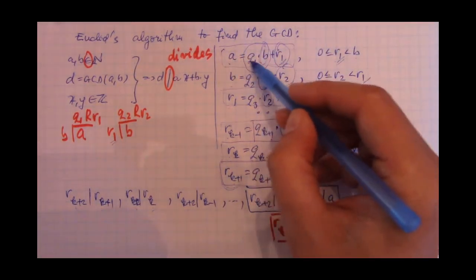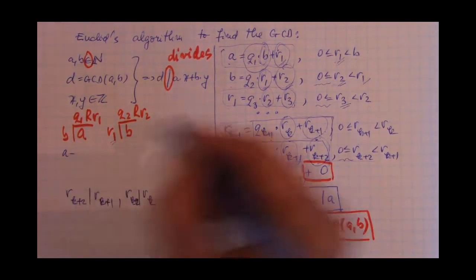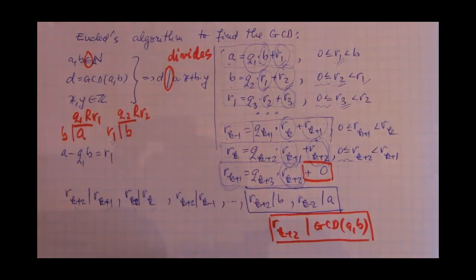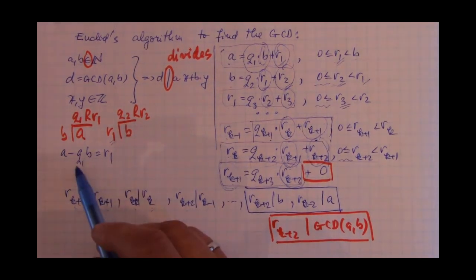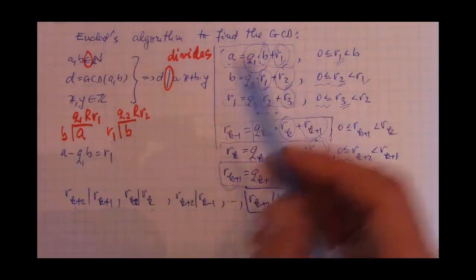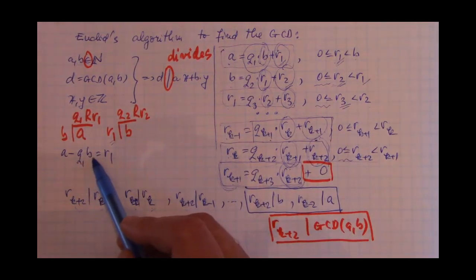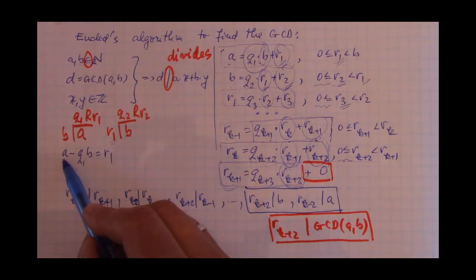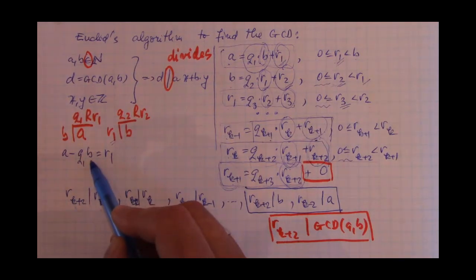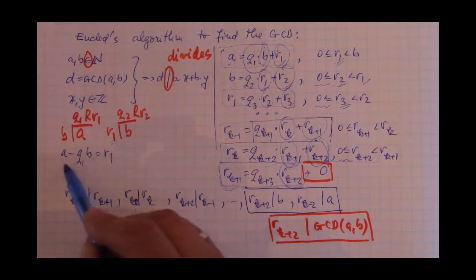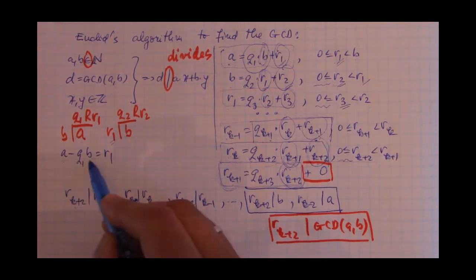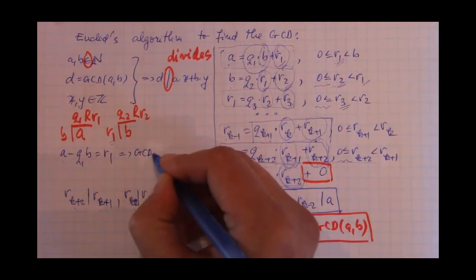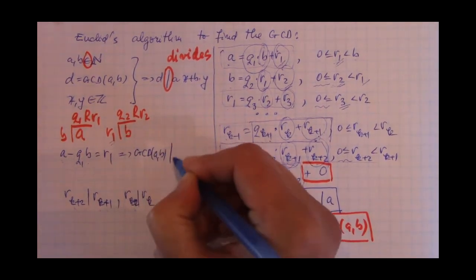So what we get is a minus q1 b is equal to r1. How is this different? Well, if we move q1 b over to the left hand side, we have a and b over to the left hand side of this equality, so we can factor their GCD, so this means that the GCD of a and b divides r1.